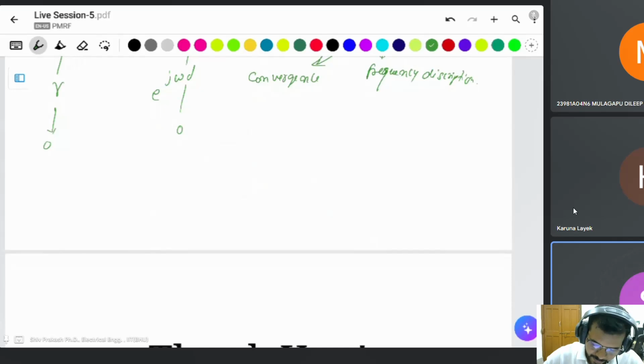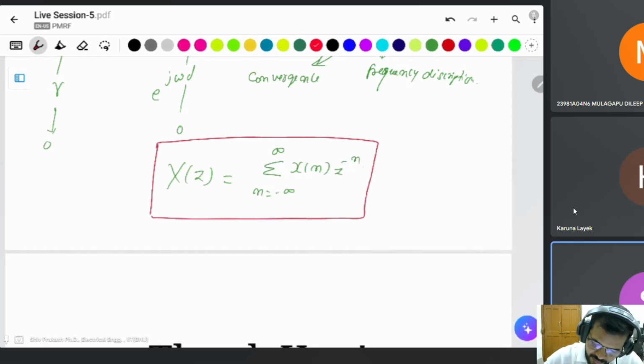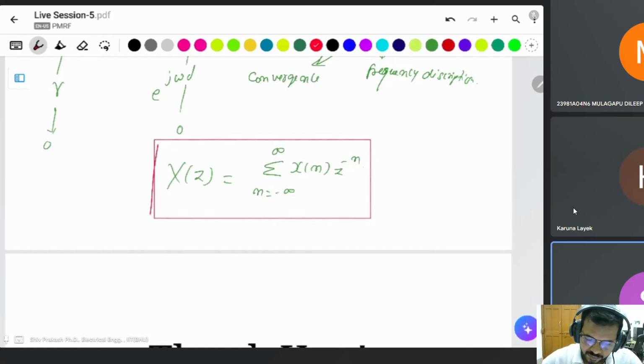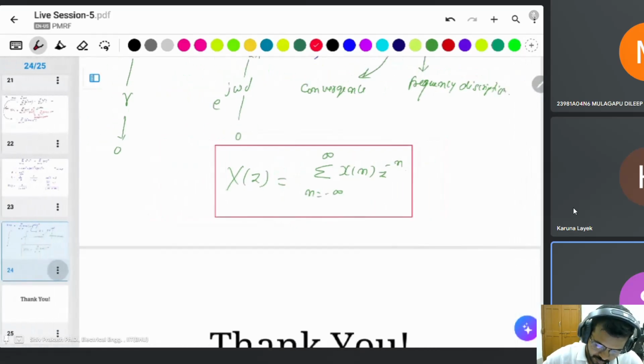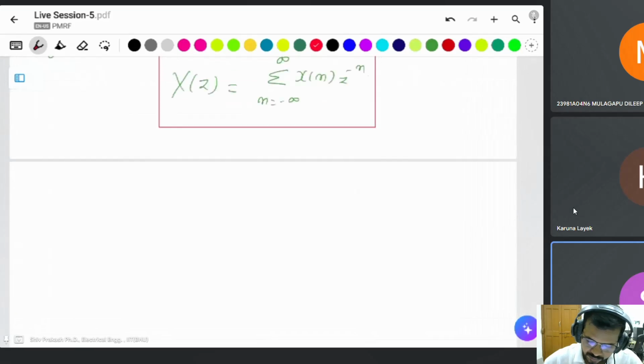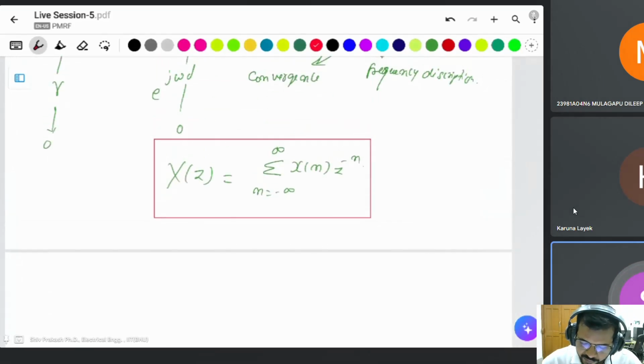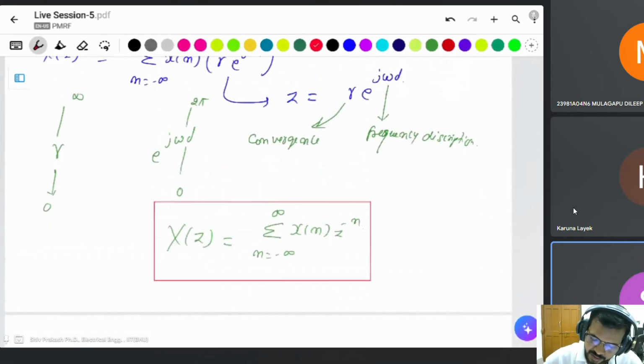Then you can say the Z transform of the system will be found by this, n is equal to minus infinity to infinity, x[n] z power of minus n, where z is this one, r e to power of j omega d.